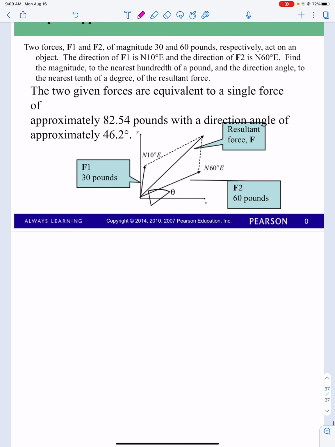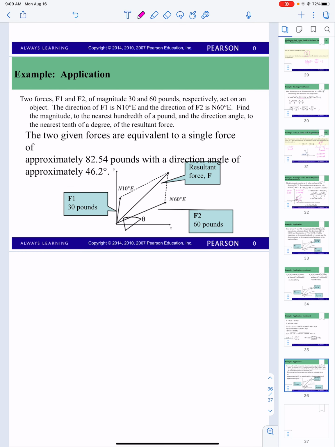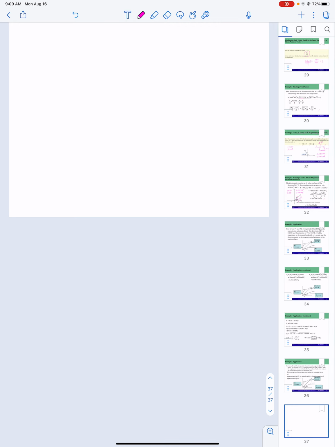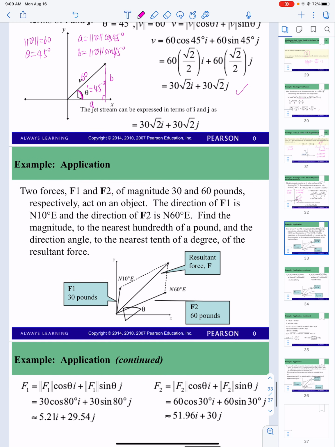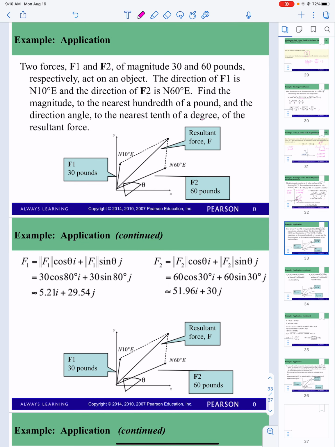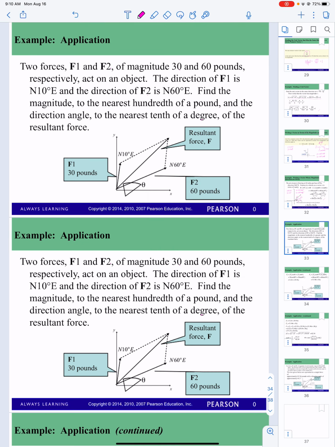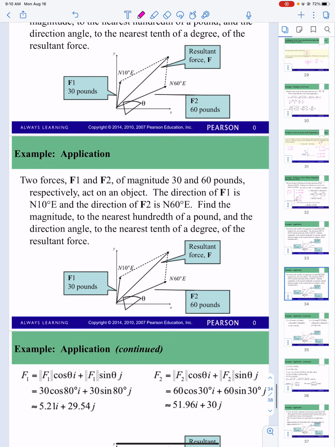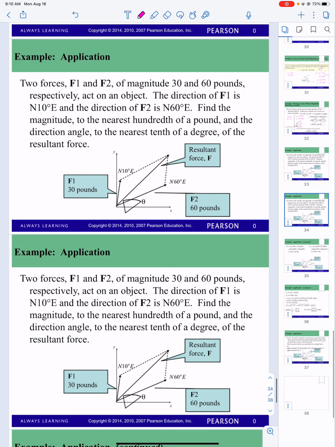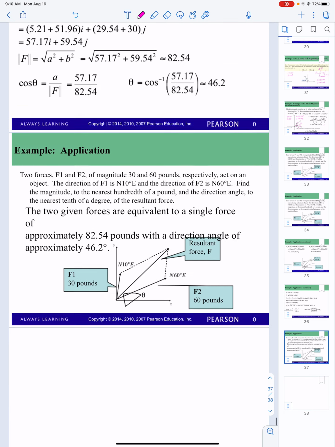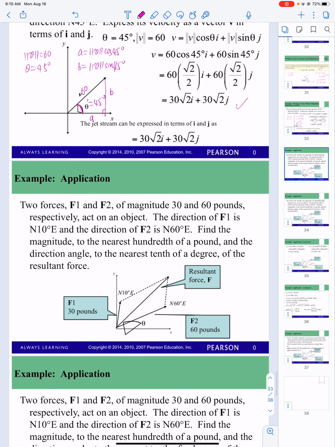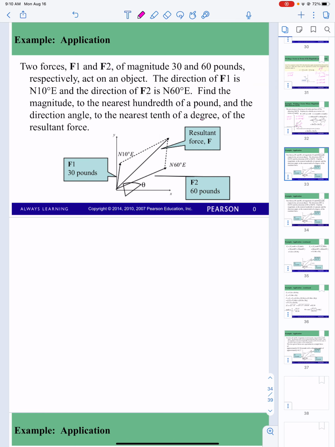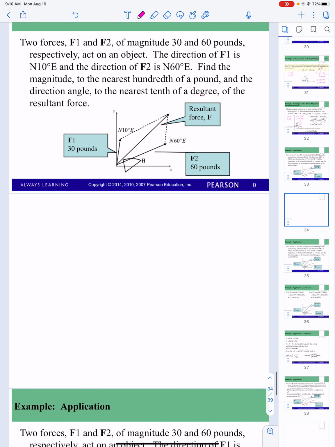Okay, so what I wanted to do here is do it with you carefully. I will copy a blank page and work with you.